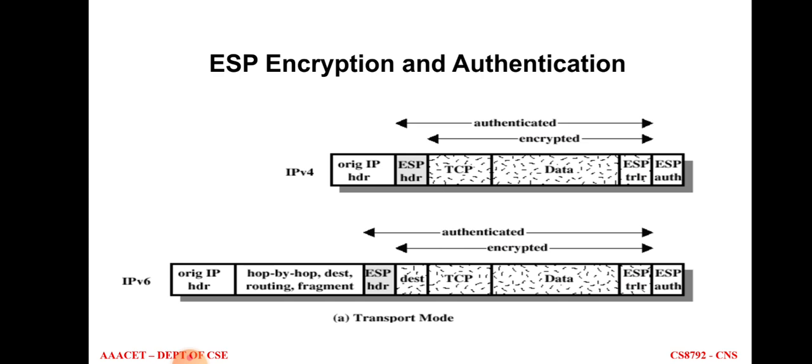Here the ESP header appears after the version 6 base header and the hop-by-hop, routing and fragment extension headers. Here the encryption is performed on the entire transport-level segment with the ESP trailer and the destination options extension header.